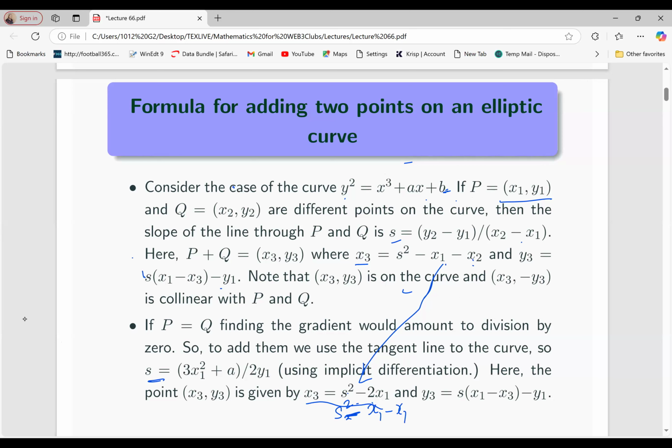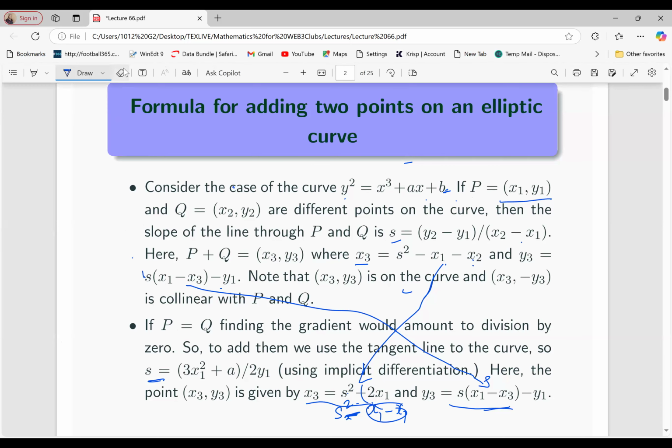And so this is what gives us 2x1. What about y3? Again, we do it the same way, x1 minus x3 minus y1. So these formulas are just the same. The only difference is in determining the gradient. When you are adding a point to itself, the way you determine the gradient is slightly different from when you're adding two distinct points.